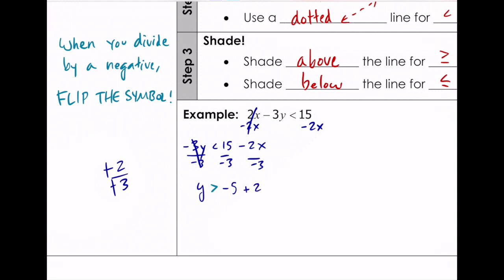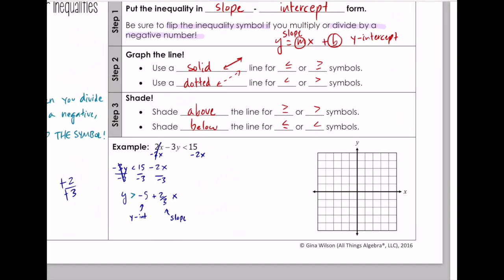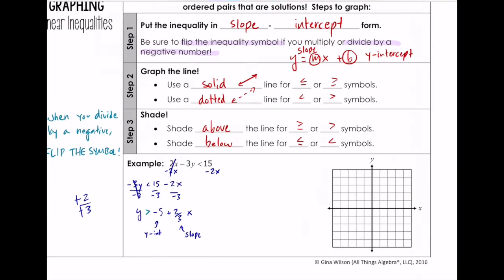So we're going to write positive 2 over 3x. I always want my slope to be a fraction, and it is a fraction here. Our slope is always the number in front of x, and then our y-intercept is always the number without the x. So negative 5 is our y-intercept. Now that we have this, we can graph.